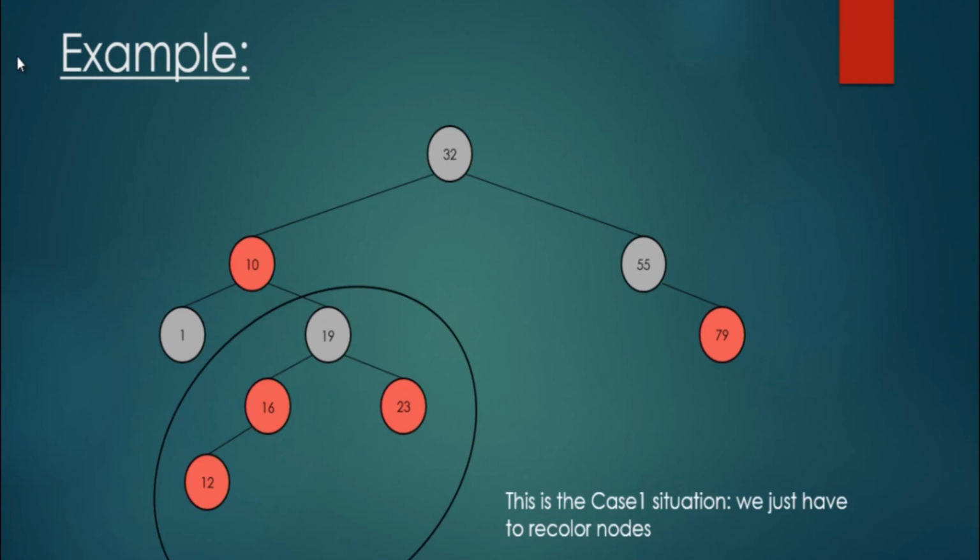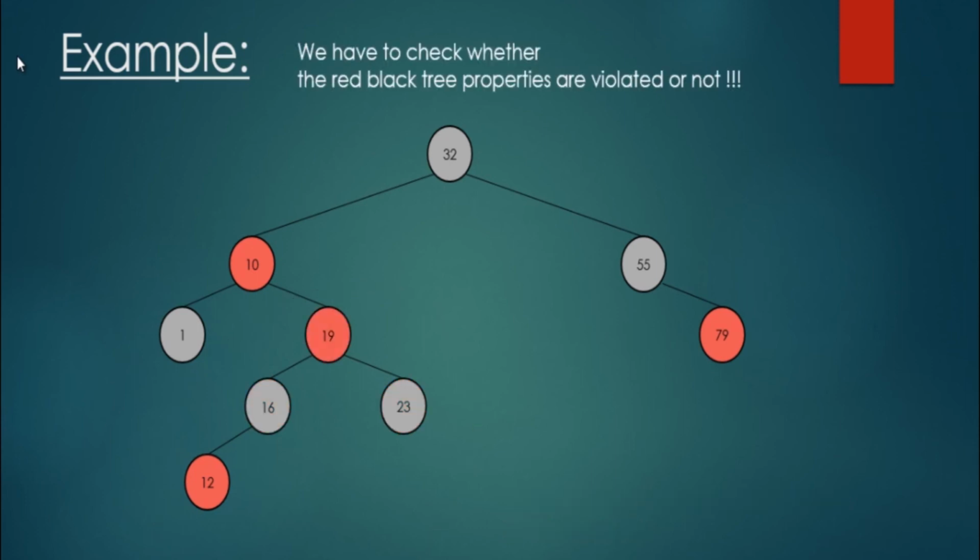We just have to recolor the nodes because the node X now here is the node 12, and the uncle of 12 is red too, and the 12 is a left child, so we have to make some recoloring, and we made it. Okay, so we have to check again whether the red-black tree properties are violated or not.